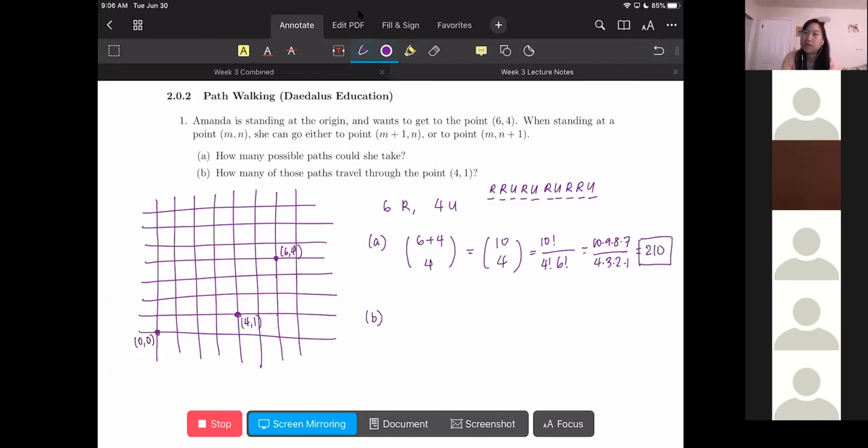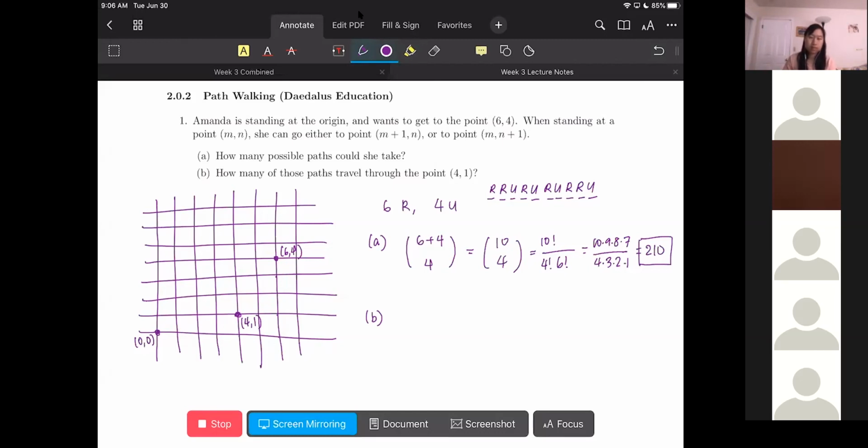So how might we do this one? Any ideas? We can start by looking at the number of movements from origin to 4, 1, and then the number of movements from 4, 1 to 6, 4, the minimum that would take.